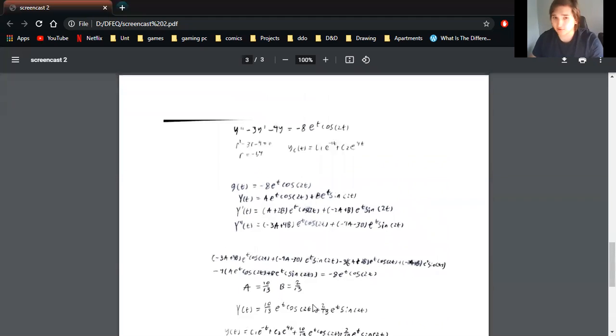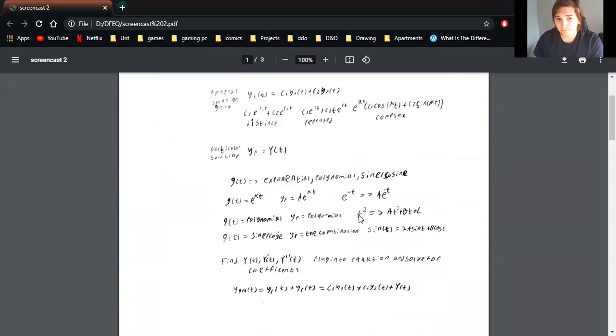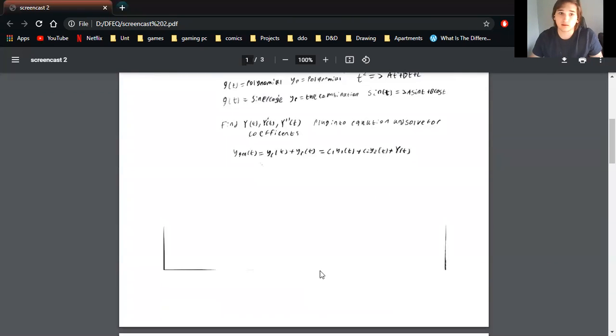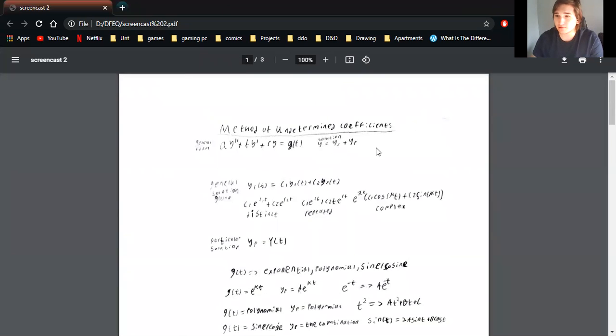So that's what you do if you have two of these particular solution forms. You merge them in one way or another. Like if you have an exponential and a polynomial, it'll be at squared plus bt plus c times e to the power kt, for example. And that's how you use the method of undetermined coefficients.